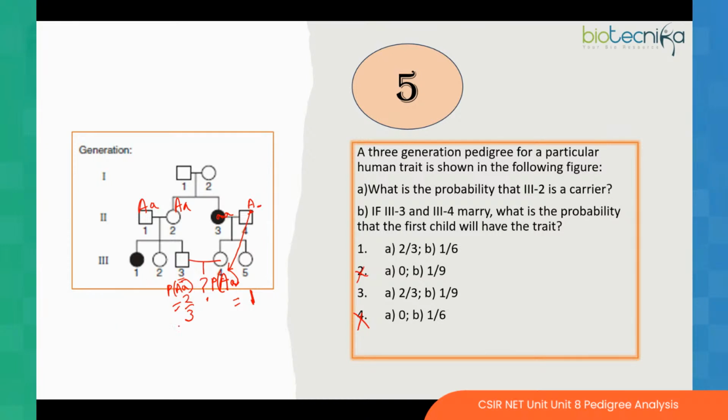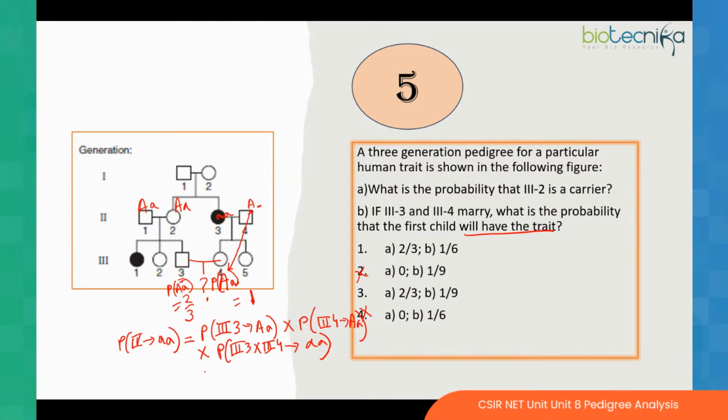So in the fourth generation, what is the probability of the child having the trait, meaning being homozygous recessive? For that, it will be the probability of 3 3 to be heterozygote multiplied by the probability of 3 4 to be heterozygote, and multiplied by the probability that when 3 3 crosses with 3 4, they produce homozygous recessive. The probability of 3 3 to be heterozygote we calculated as 2/3.